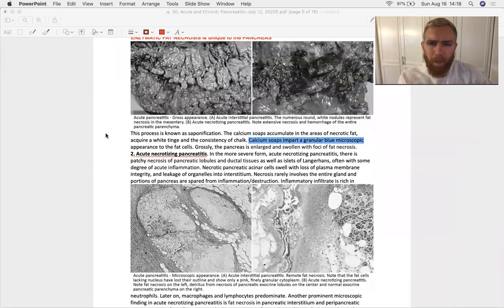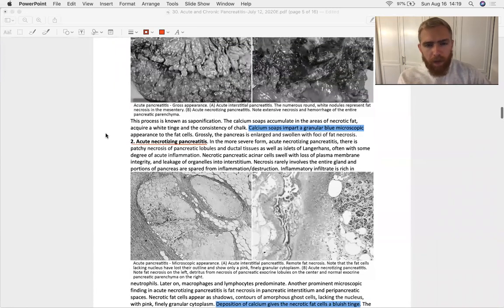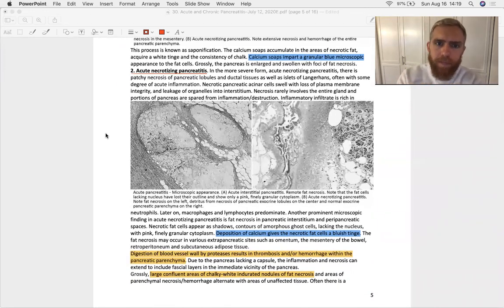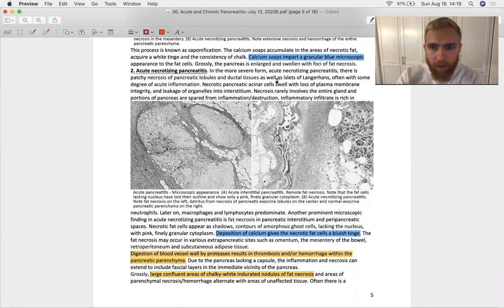Calcium soaps can appear blue microscopically. Just remember that. Necrotizing pancreatitis. We see another histology example here. We've got necrotizing on the right and acute interstitial on the left. On the left, this is a mild pancreatitis.